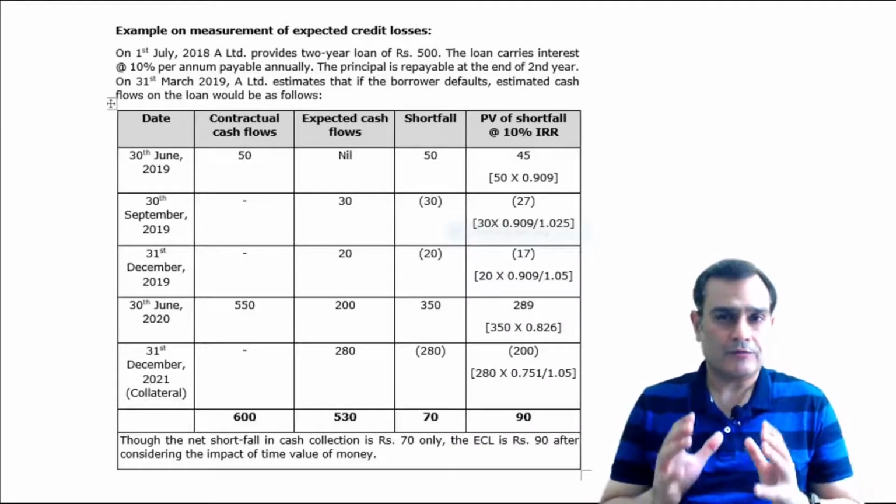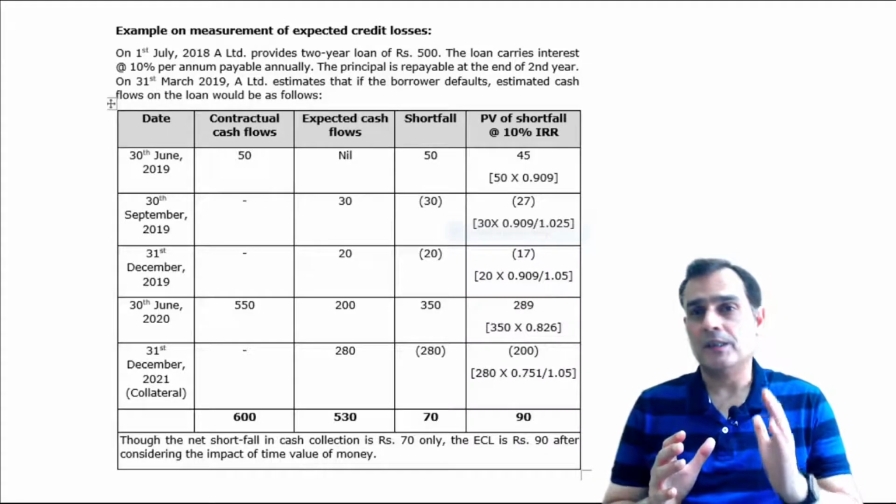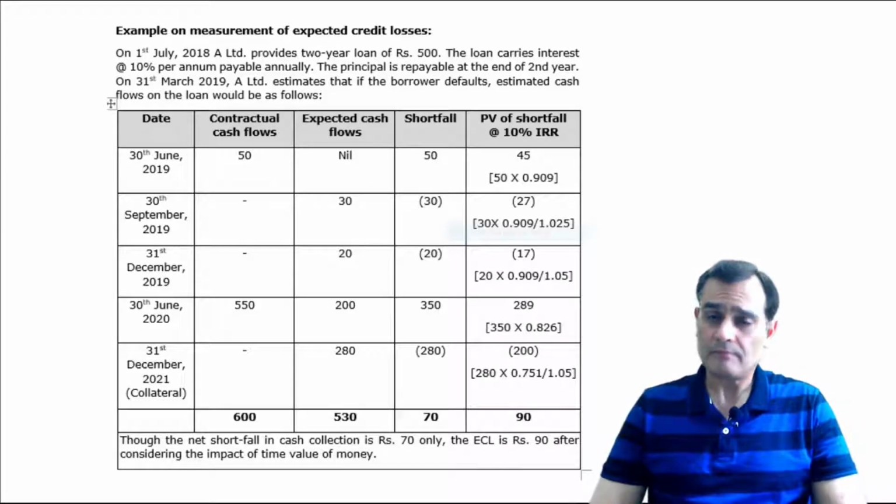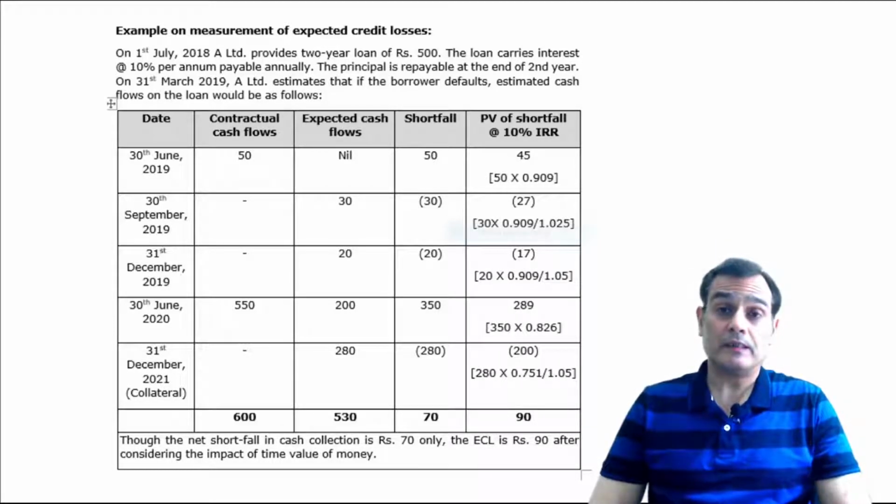Now, you can see carefully what we are doing in this exercise. We've taken the first column as the dates. In this column, I have taken both the contractual dates and also the dates when the expected cash inflows will happen.